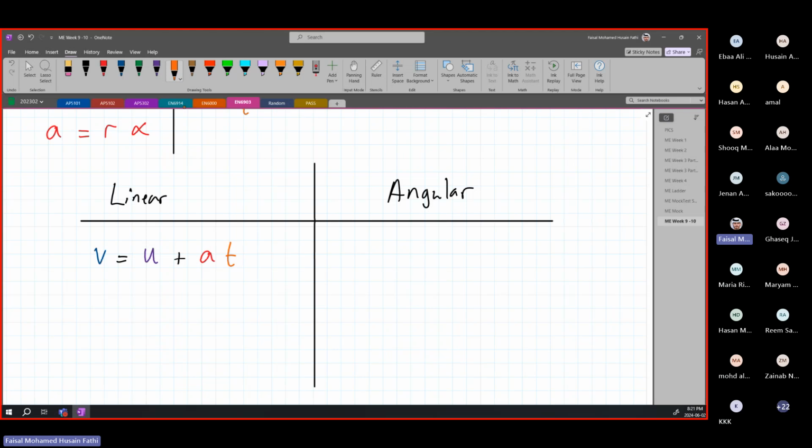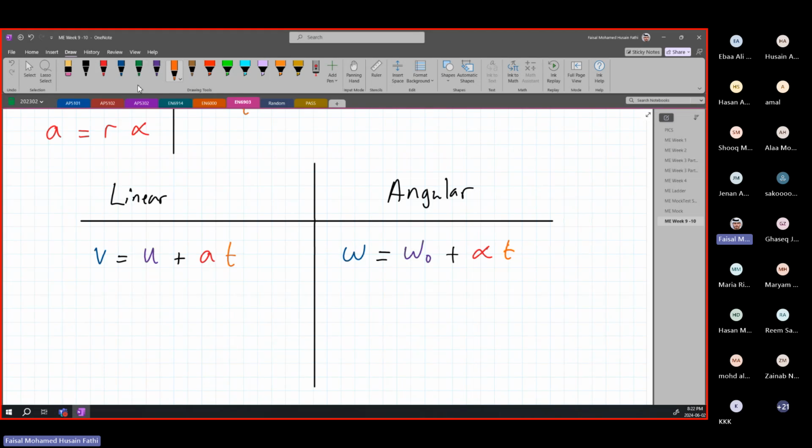The final velocity is equal to the initial velocity plus acceleration times time. This is the exact same thing in angular, but when we are talking about angular, our v becomes angular velocity, which is omega, equal to initial angular velocity, omega 0, plus angular acceleration times time. It's the exact same equation that you're going to be using here.